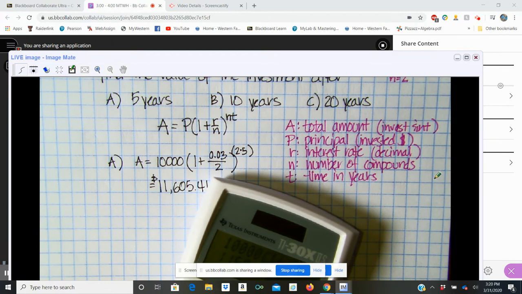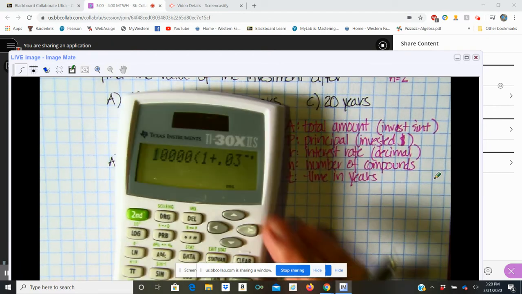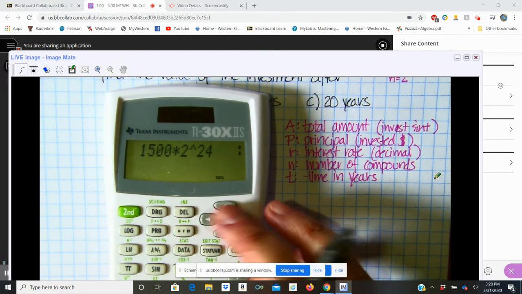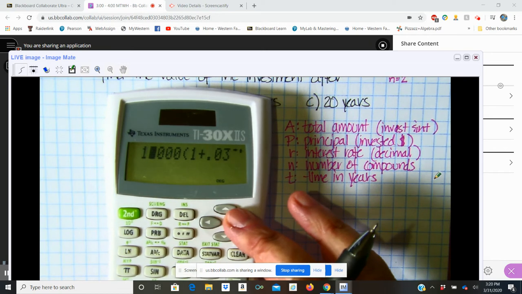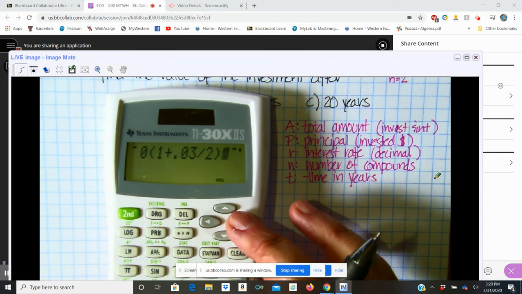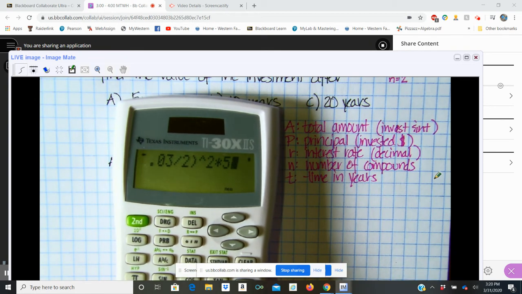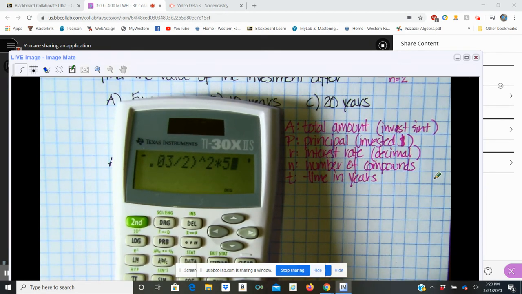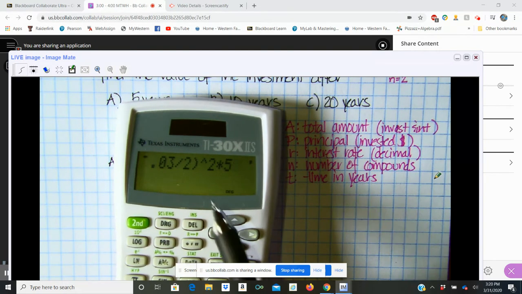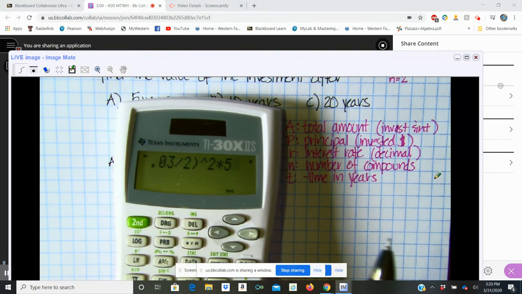It is worth noting that had I typed this into my calculator slightly differently, if instead of taking it to the 10th power, I had typed it in as 2 times 5, notice no parentheses, just 2 times 5, I will get an incorrect answer.